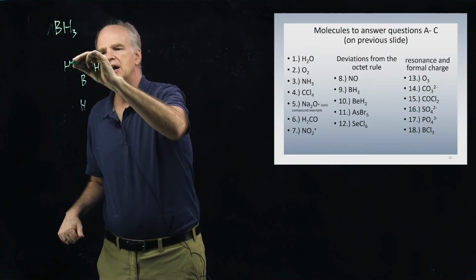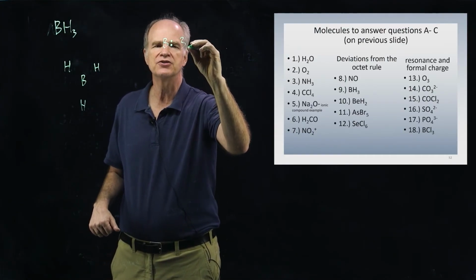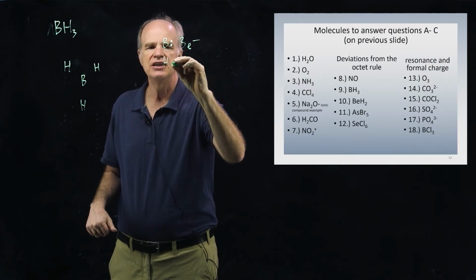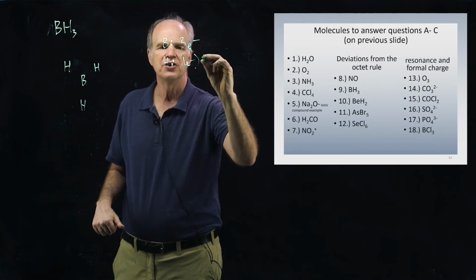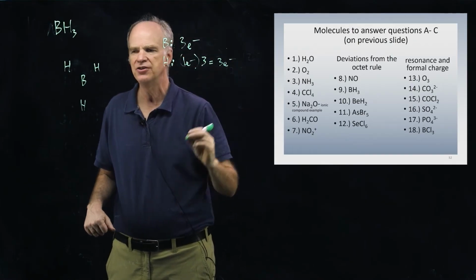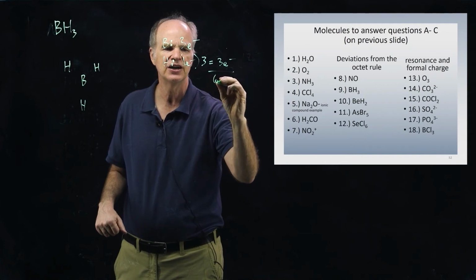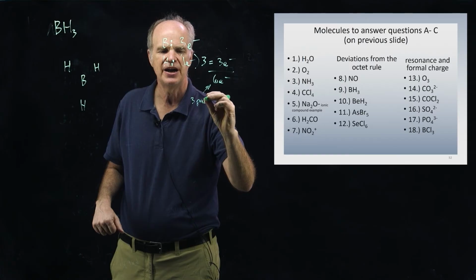Boron has 3 valence electrons, and hydrogen each has 1 valence electron. There are 3 of them, for a total of 3 valence electrons from the hydrogen. So you have 6 electrons total, or 3 pairs.